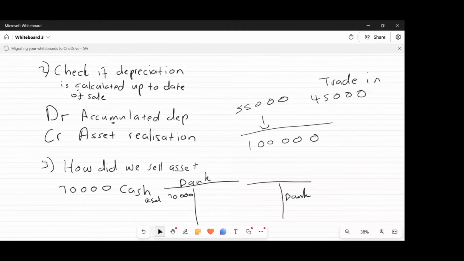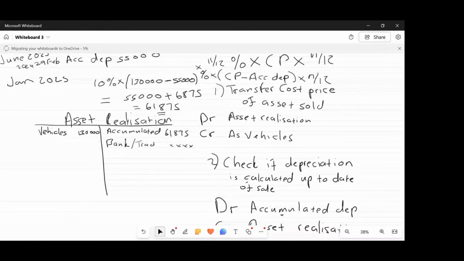Yes, I do. Okay. And then once we are done with this step, now we need to figure out, us selling this asset, did we make a profit or did we make a loss? So if the credit side is more than the debit side, it's a profit. But if the debit side is more than the credit side, it's a loss.